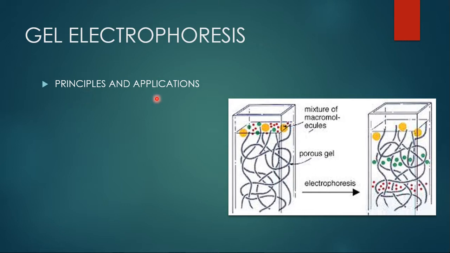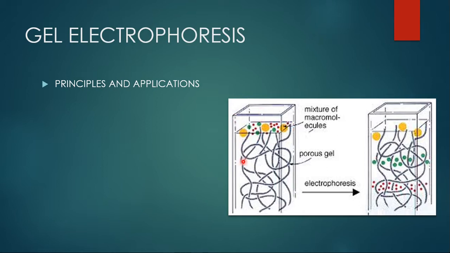Gel electrophoresis is a technique used for the separation of DNA, RNA or protein, any biomolecule, according to their size and electrical charge. Majorly it depends upon the size, using an electric current applied to a gel matrix. In this technique we use a substance called a gel, so that's why we term it gel electrophoresis.